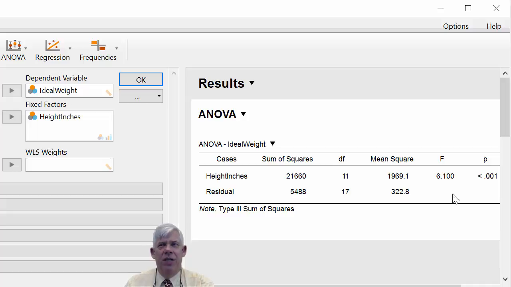Now, there is a statistic here called the F statistic, and the F statistic is a measure of overall fit. And the F statistic is much higher for the gender test than it is for the height test. One of the reasons for this is that in the height test, we've got it broken up into a whole bunch of little boxes, making it much, much harder to be confident about our estimates of variance, whereas in gender we only had two boxes, male and female, in which to group our observations.